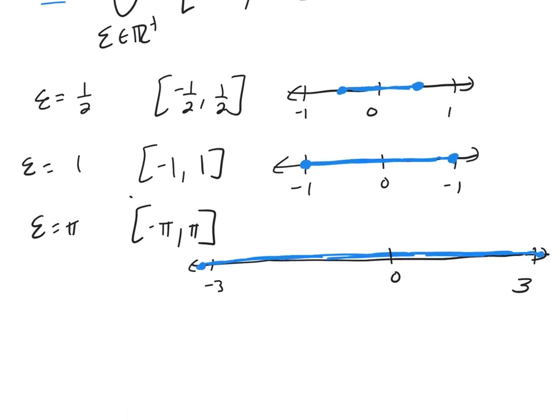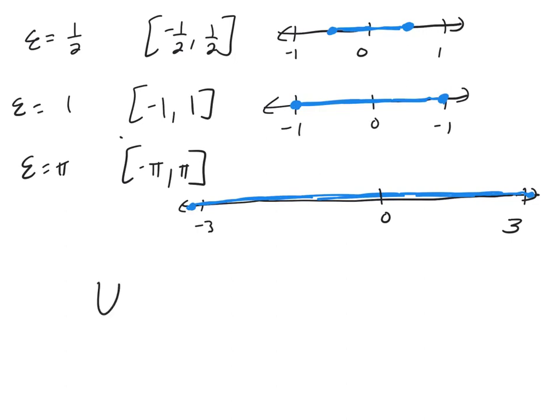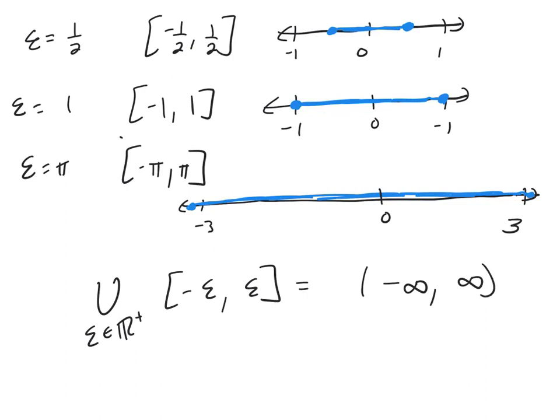And so here, I can take epsilon to be larger and larger numbers, and it's going to start stretching out that whole number line. And so what that means is this union is going to be the entire number line, or in interval notation, negative infinity to infinity.